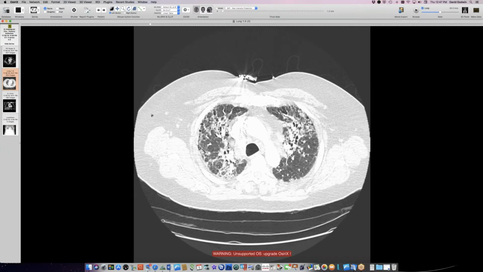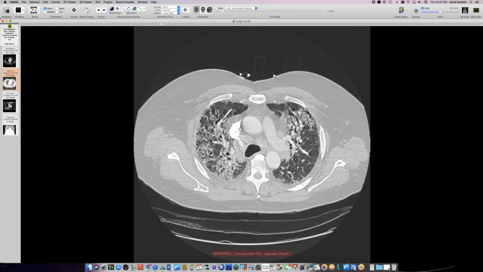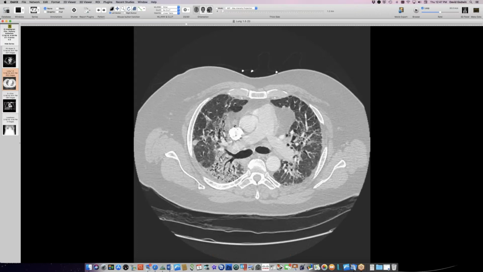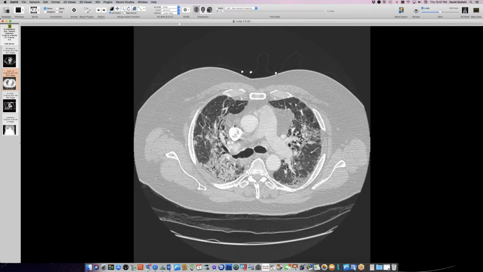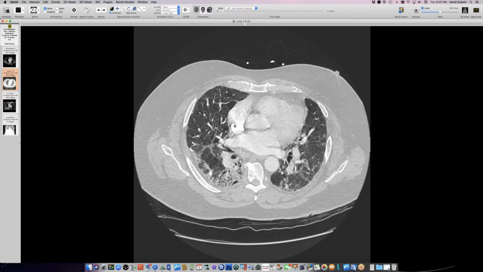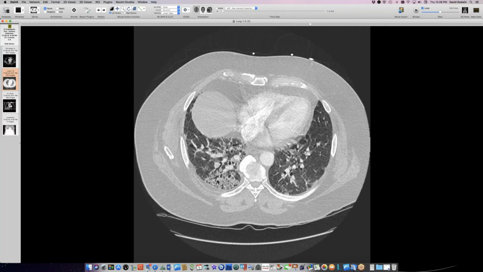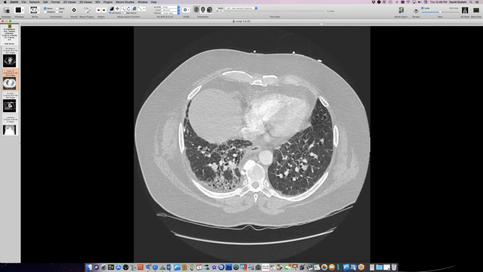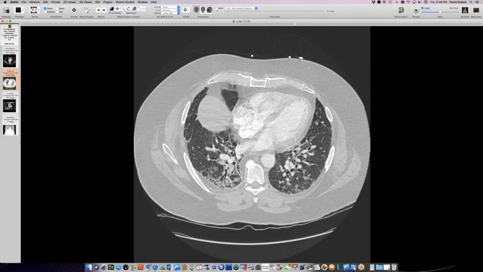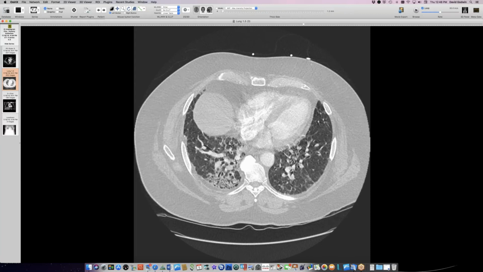It's mostly peribronchial upper lung concentration. It does go out to the periphery somewhat, but it's really more peribronchial. Most of it's in the upper lung, does have a peribronchial component down here in the lower lobe that goes out to the edges, but it really doesn't seem to be cleaving to the periphery.